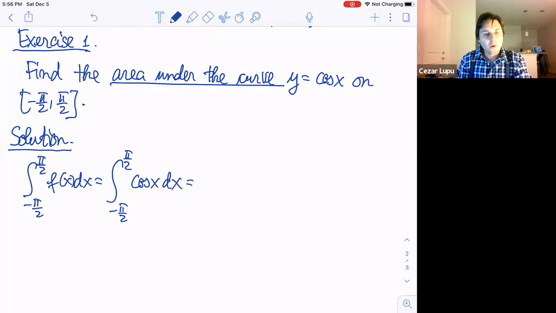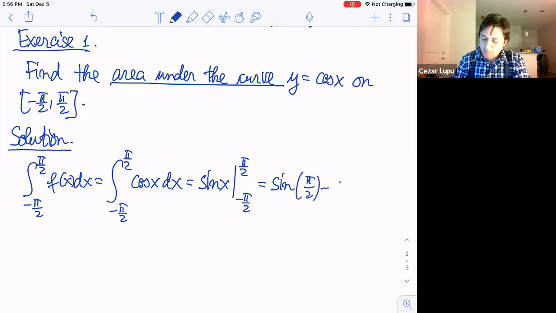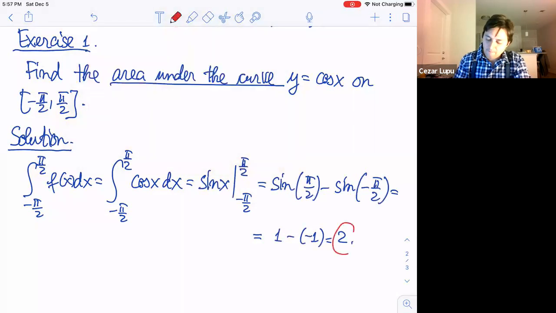And this would be, we're looking for the antiderivative of cosine of x, which is nothing else than sine of x, from negative pi over 2 to pi over 2. And this would be, by the fundamental theorem of calculus, sine of pi over 2 minus sine evaluated at negative pi over 2. And this would be nothing else than just 1 minus negative 1, which is 2. And that's the answer we're looking for.